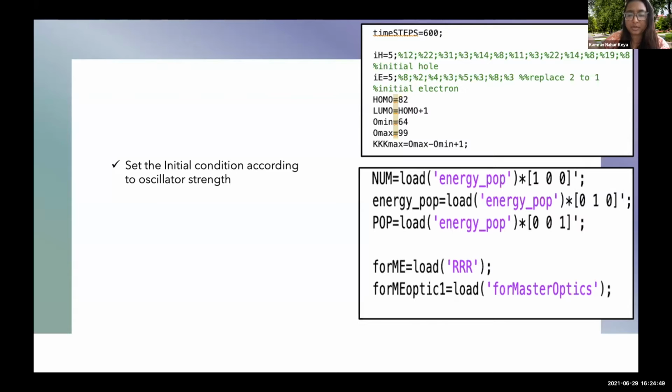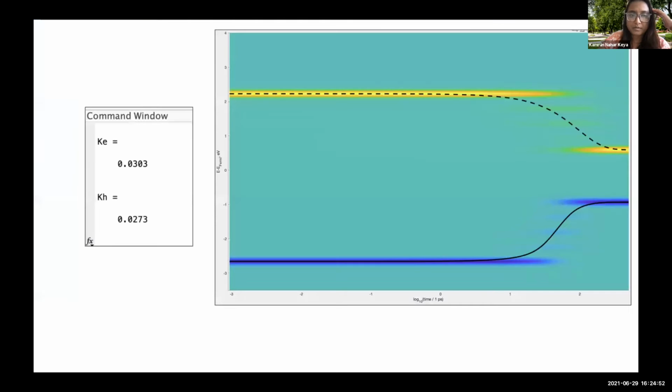It will show in this graph. Here we are able to see the time versus energy graph, and this one is for the LUMO. Professor, am I right? It's the LUMO, right? Yeah.